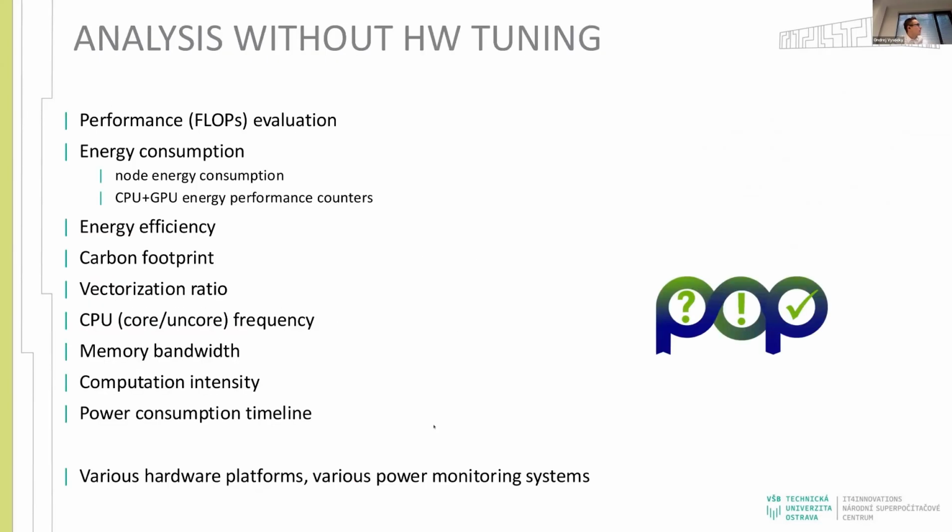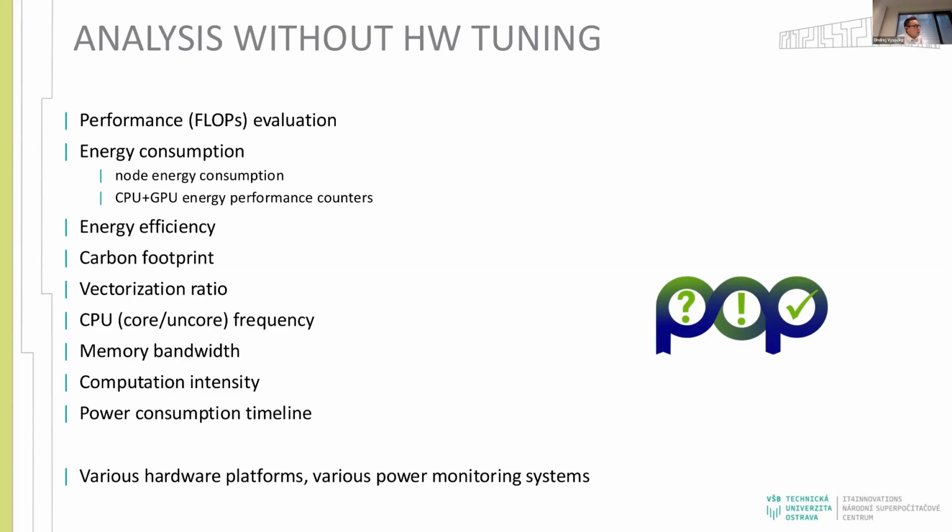So when using MERIC in the POP, when requesting energy efficiency analysis without any hardware parameter tuning, you should have at least a subset of these metrics, but if available, all of them. The performance evaluation to express the energy efficiency, so obviously also the energy consumption measurement.